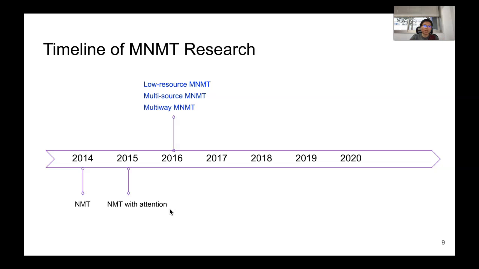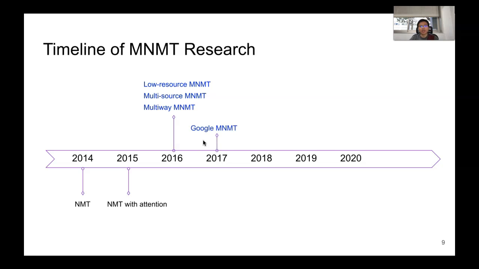I'm not going to go into detail about what these three different scenarios or use cases mean, because we are going to cover them throughout this entire tutorial. But keep in mind that these three use case based MLMT studies came right after the success of the MLMT with attention model. They appeared in 2016.